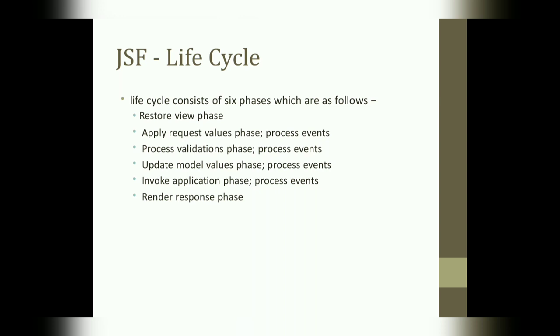If the local value is invalid, JSF adds an error message to the faces context instance, and the life cycle advances to the render response phase and displays the same page again with the error message.